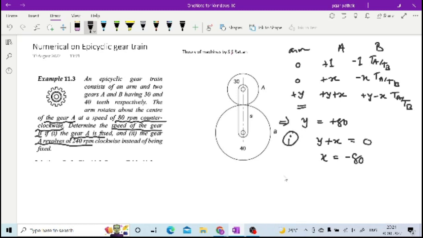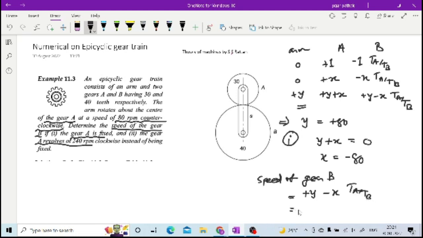So once you know x and y, you can calculate the speed of gear B. Speed of gear B is equal to plus y minus x into TA by TB.